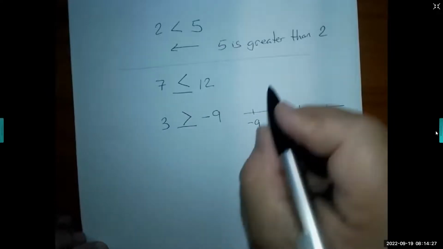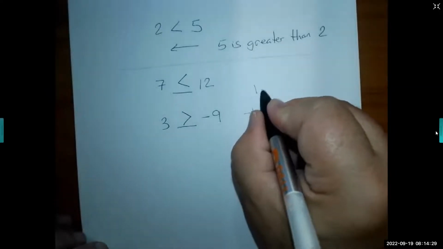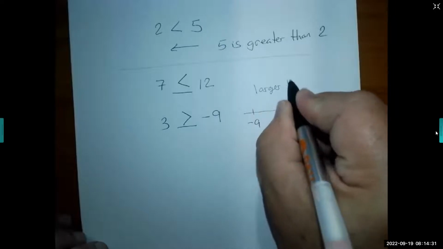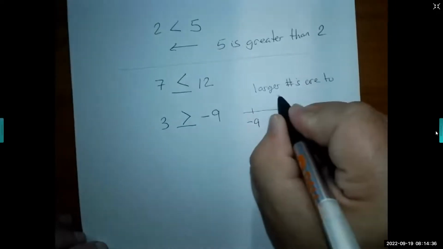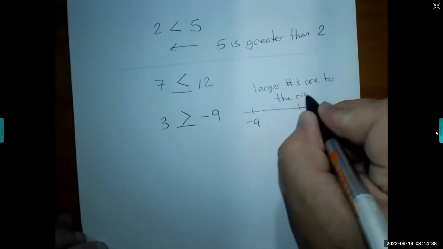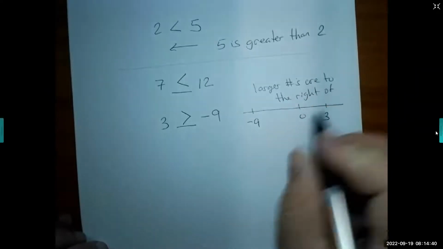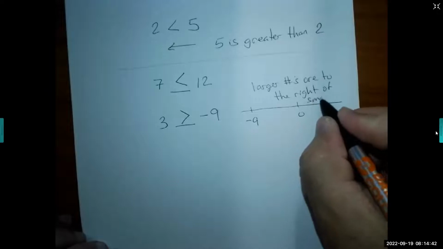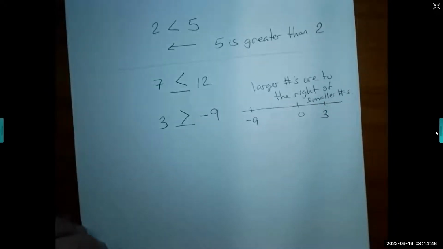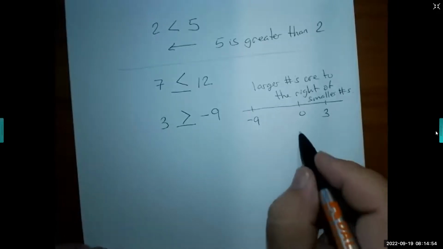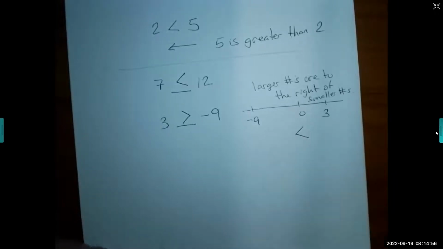Remember, larger numbers are to the right of smaller numbers. On a number line, that's the reason we talk about number lines first. If you plot the numbers on a number line, the number to the right is always going to be bigger than the number on the left.